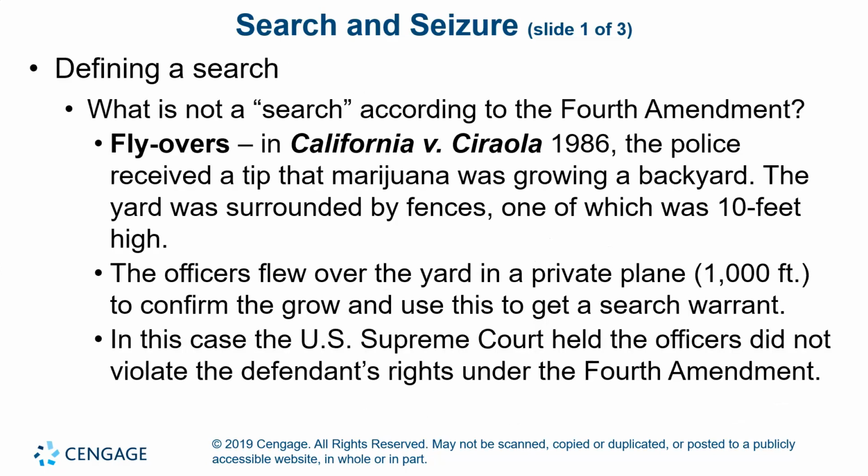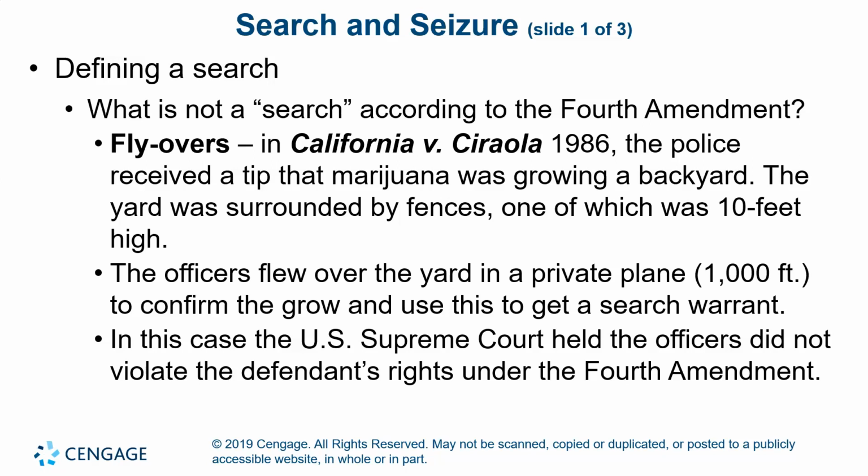Okay, so what else is not a search? Well, interestingly enough, flyovers. In California versus Ciraolo in 1986, the police received a tip that marijuana was being grown in a backyard, and the yard was surrounded by fences, one of which was 10 feet tall.